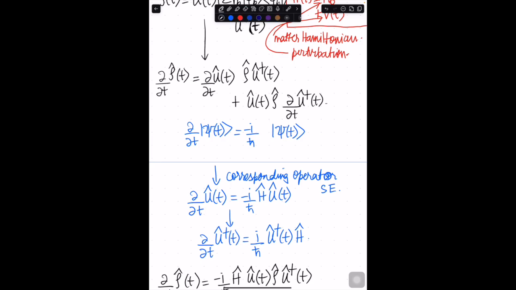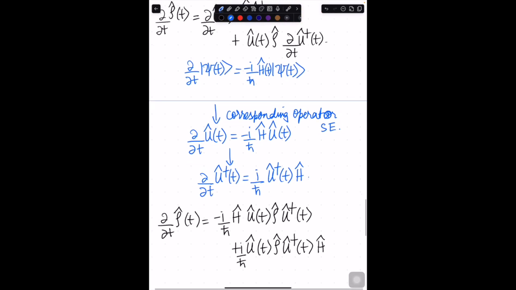So I will do that just so that we are careful. So put H of t everywhere. That would be good.